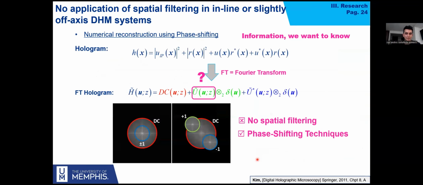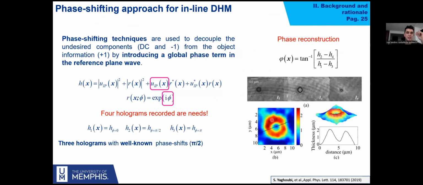Now, if the hologram is recorded in in-line or slightly off-axis architecture, it is not possible to implement the spatial filter. Why? Because in in-line and slightly off-axis, there is overlapping between the plus one and the minus one terms with the DC term. So in these cases, it's necessary to implement phase shifting strategies.